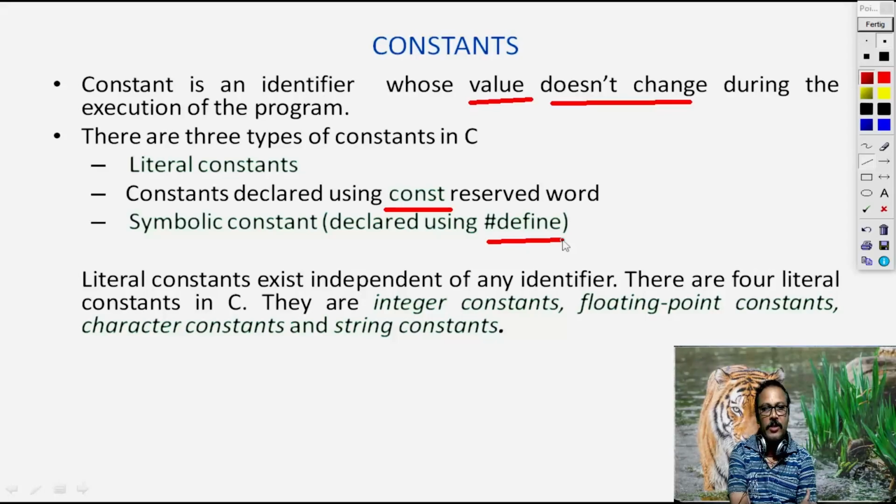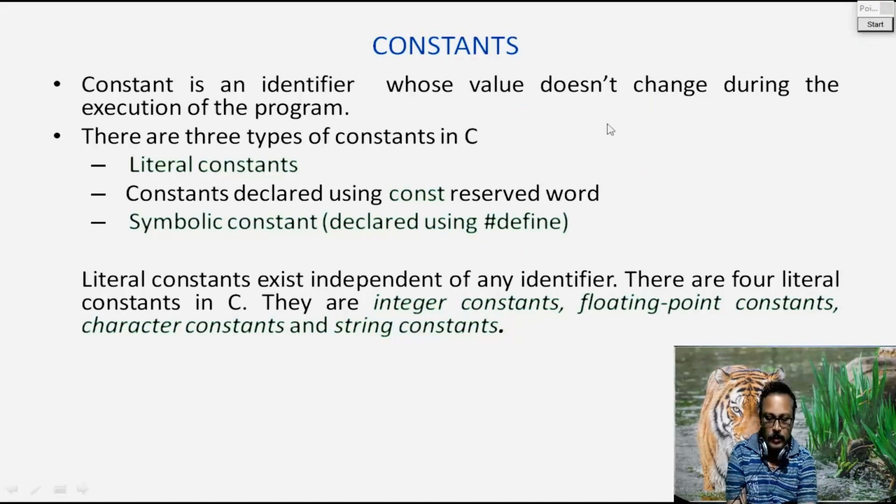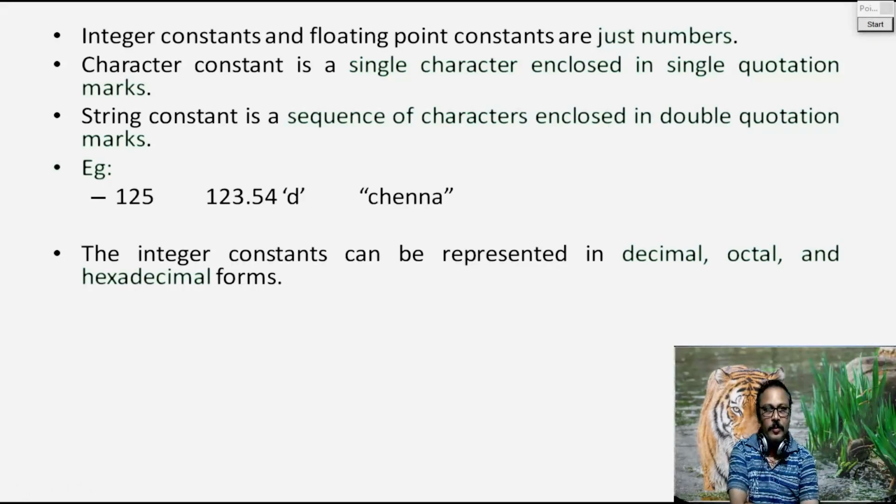They are called literal constants because they are used as you write them. Suppose you write 12. That itself is a constant. But you are not giving any identifier to it, or assigning it to any identifier.